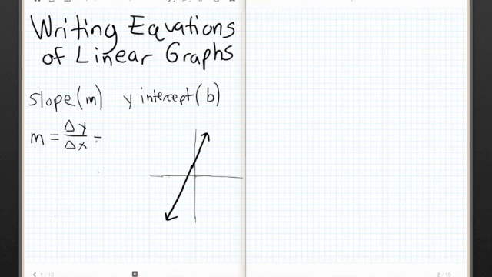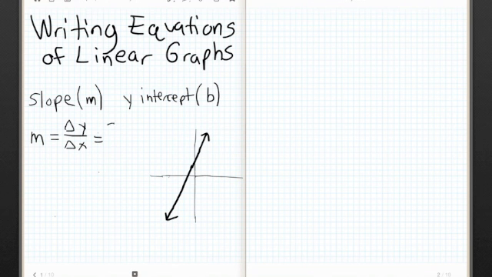So in this line, the slope is, well, let's take a look. Here we see that every time the y goes up by 2, the x goes up by 1. And since this is a straight line, the slope is the same throughout the entire line.